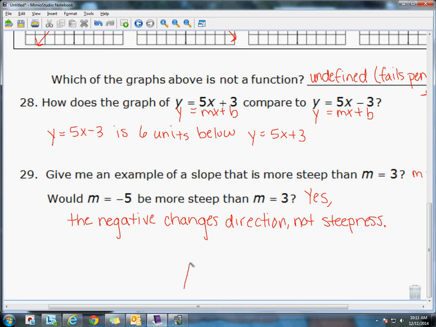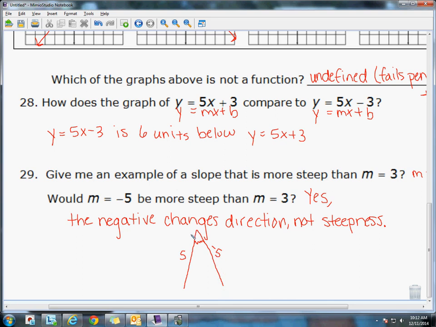So if you have a mountain, okay, so here's your little snow on your mountain, and you're looking at the steepness, okay, you're looking at your slope. If I look at this, it's just a line. If I ignore all this other stuff, this would be a positive slope of 5. If I look at this line, it's going down. If I write my name on this line, it would go down, and it's going to be negative, so this would be negative 5.